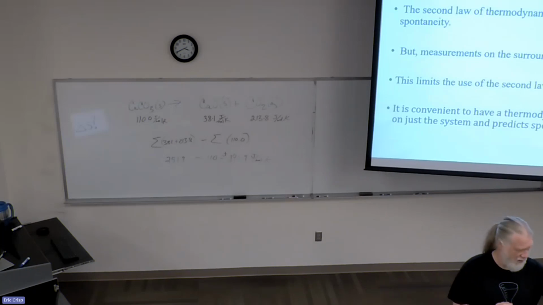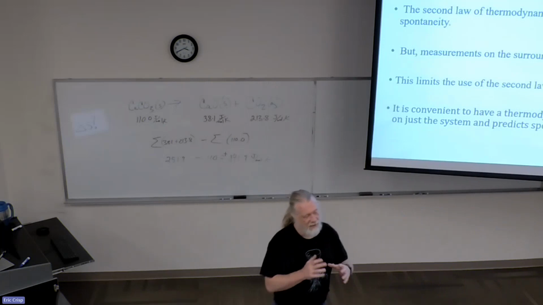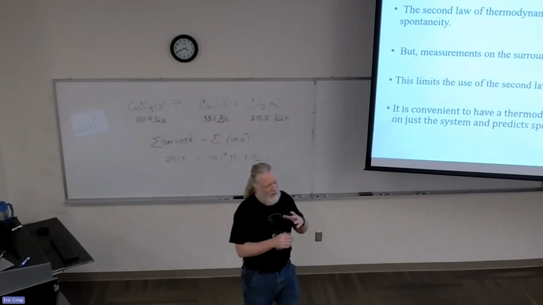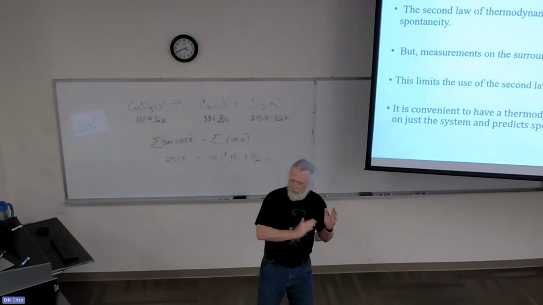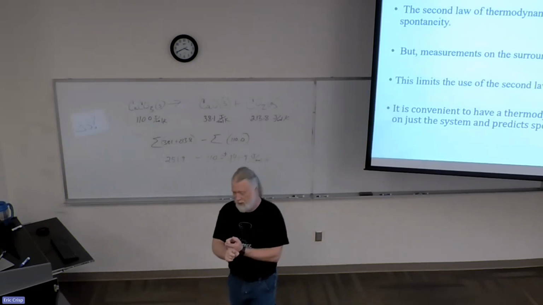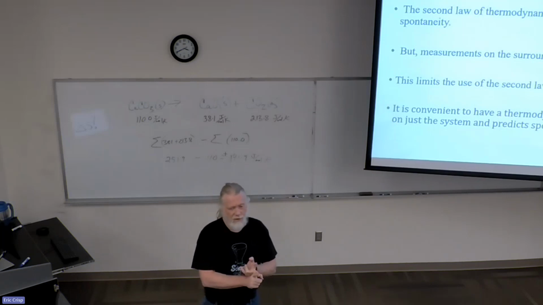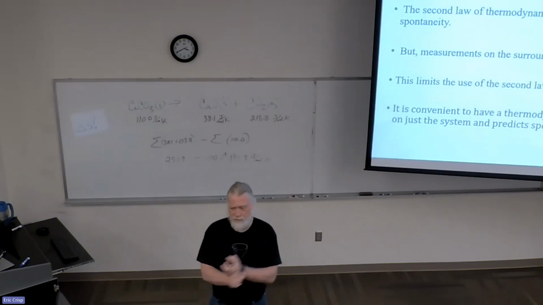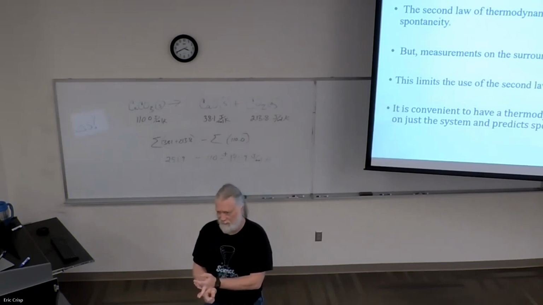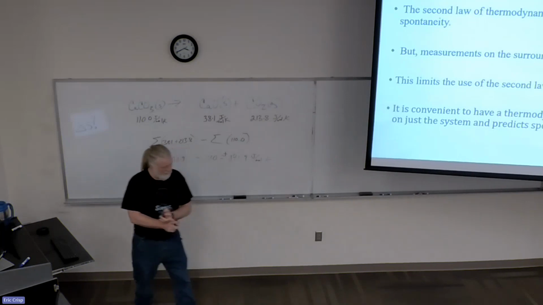Well, I could measure volume change, but that's more complicated. Temperature. If I can watch the temperature change in the surroundings, I could talk about energy flow into or out of the system. I can measure the entropy change in the system, and I can measure the energy flow from the system to the surroundings. Those two things should give me what I need. Does that make sense?